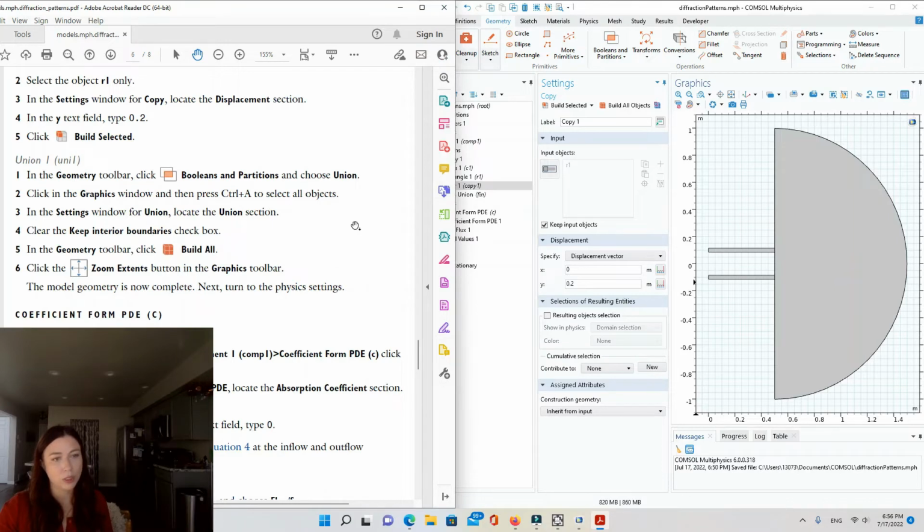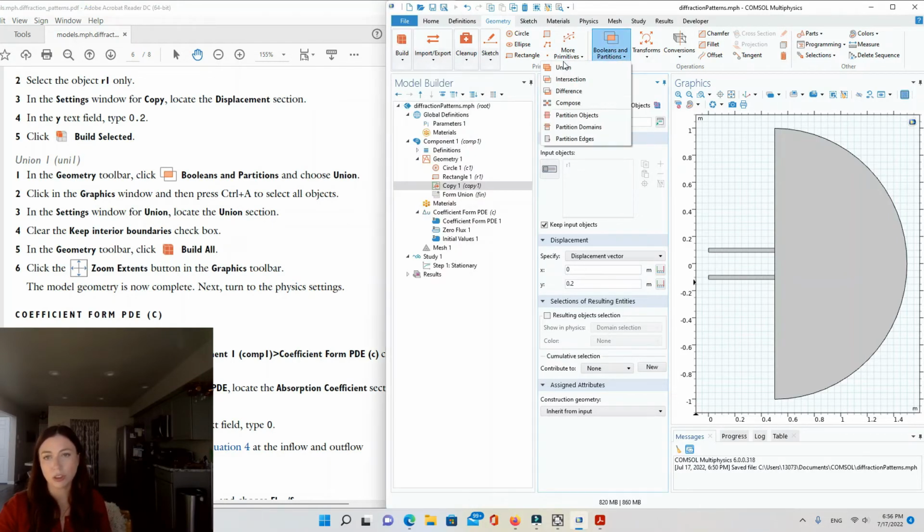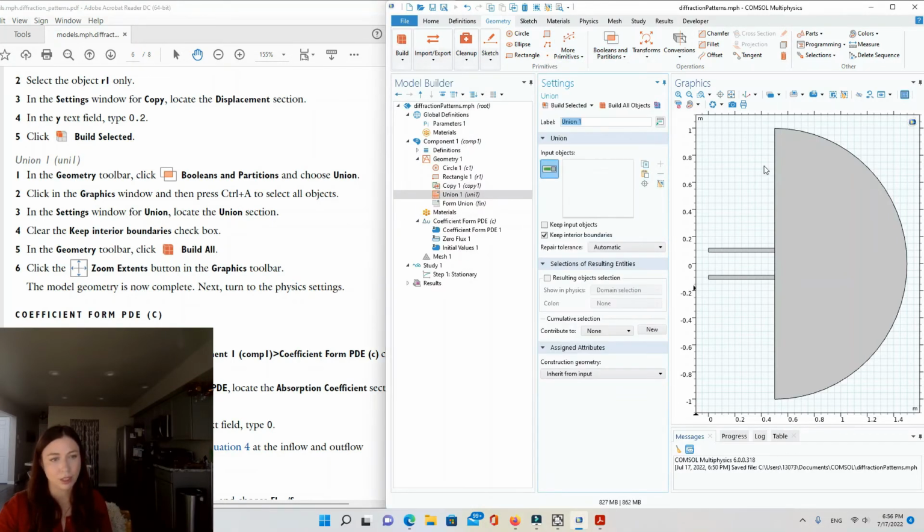Now we're going to build a union. Let's go to Booleans and partitions, choose union, Control Alt, select all objects, and then in the settings window for union, locate the union section, clear the keep interior boundaries box.